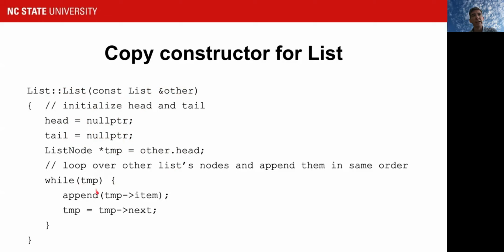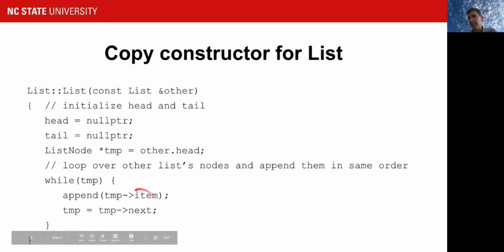As I visit each node in that list, I append the item in that list into this list, right? I can achieve that just by calling the append function and getting the item out of the node in the other list. So temp arrow item: temp is a list node pointer, and since it's a pointer, I need to use the arrow operator.